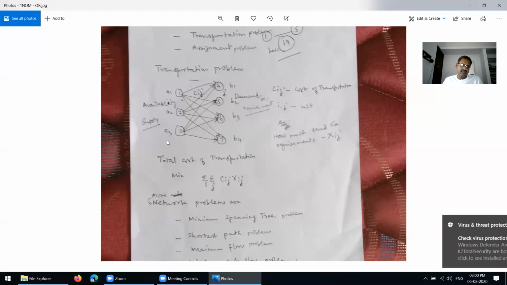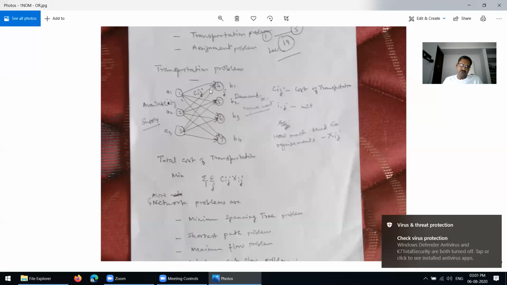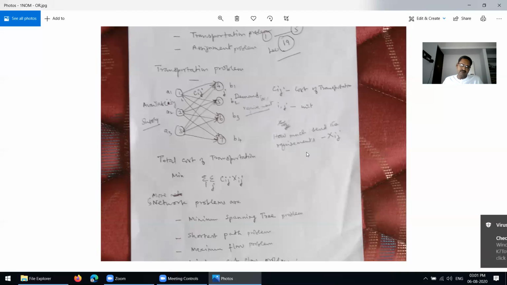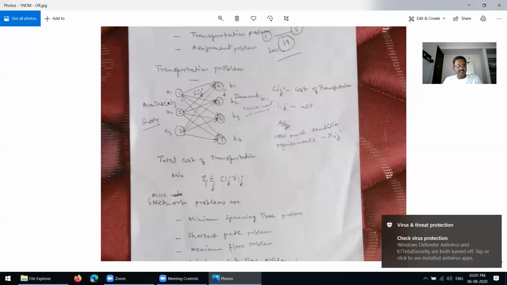You understand now? Here Cij is the cost of transport from I to J, and Xij is the quantity. How much quantity is transported to the demand section is denoted by Xij.